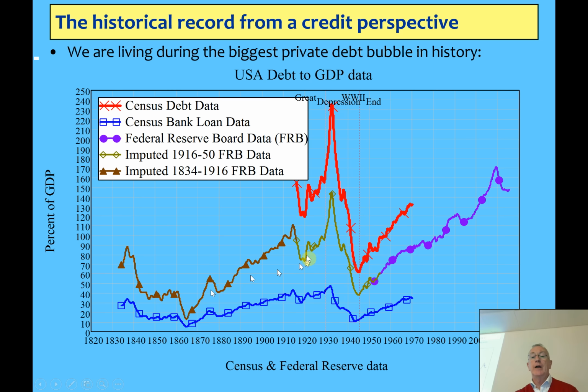So this brown, green and purple line is my extrapolated version of the level of private debt in America, trying to make the data consistent going back to 1834. And even the Great Depression, with the huge deflationary experience there, gave us a lower level of debt than we have today. Okay? I think, in fact, the proper record of debt might have us up here somewhere, if you're using the census figures data, which was just two different ways of finding the data.